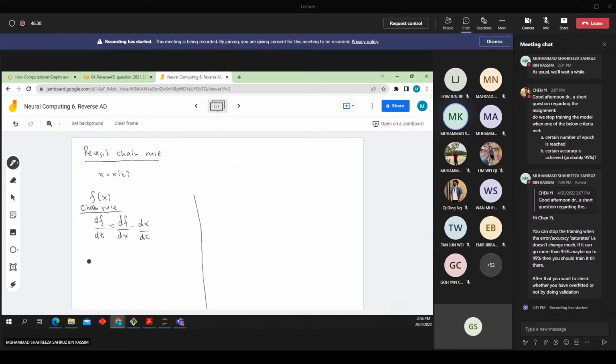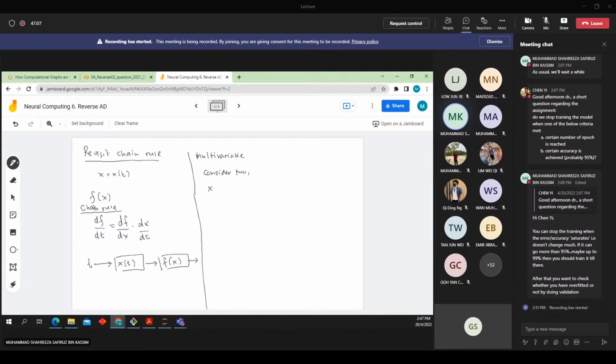If you draw the computational graph, consider two variables.